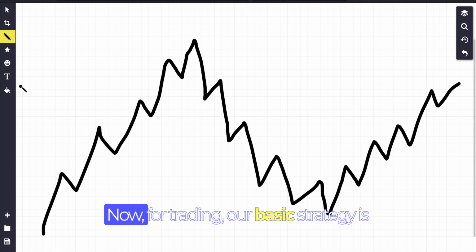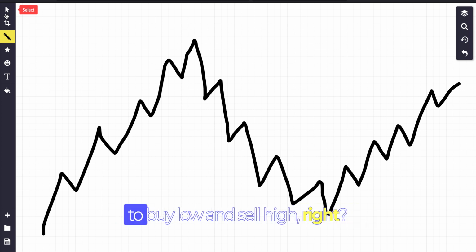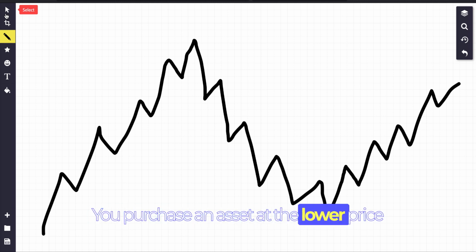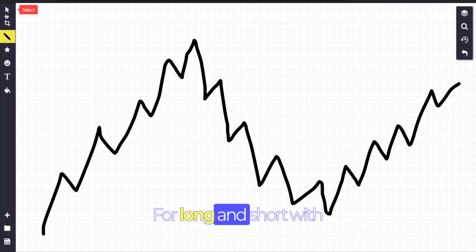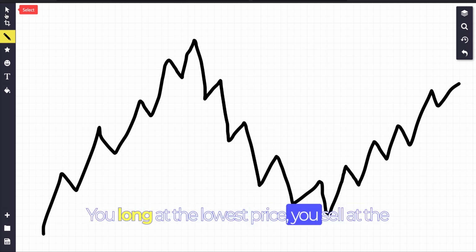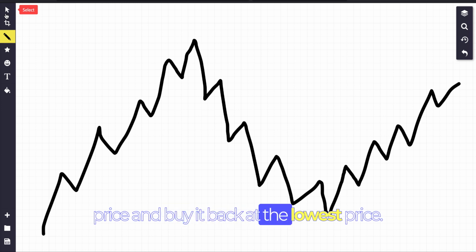Now for trading, our basic strategy is to buy low and sell high. You purchase an asset at the lower price and sell it at the higher price. For long and short with leverage it's a different story. You go long at the lowest price and sell at the highest price, and for short you sell at the highest price and buy it back at the lowest price.